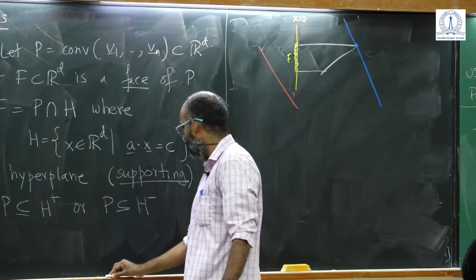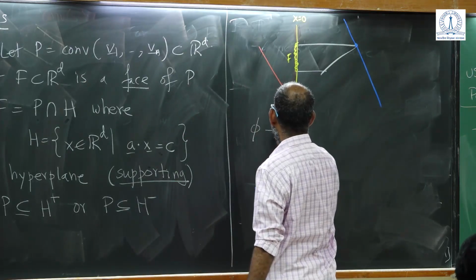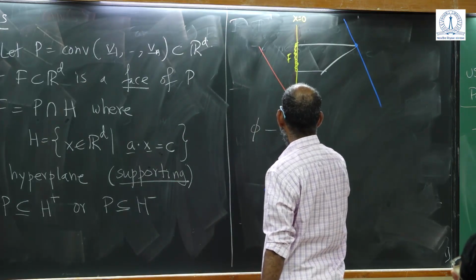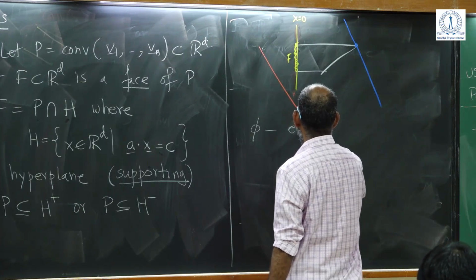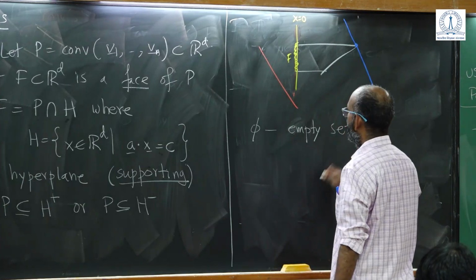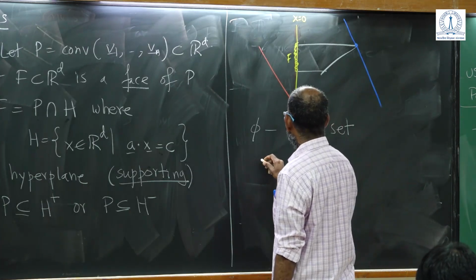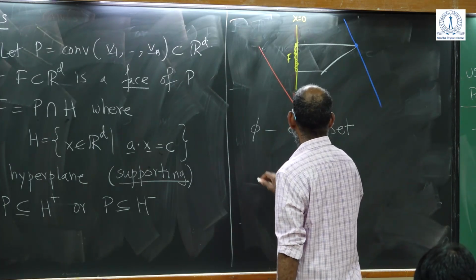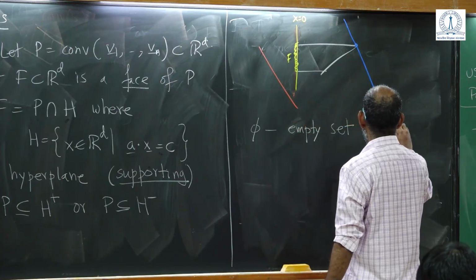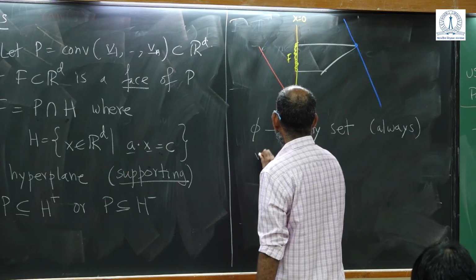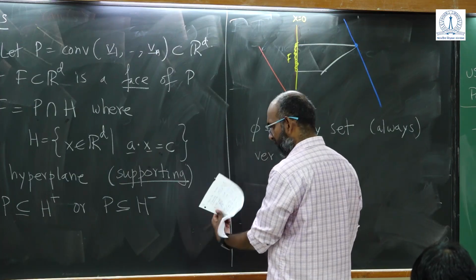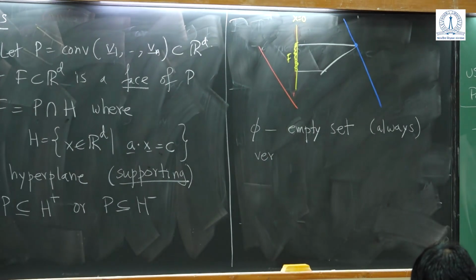So the empty set is always a face. In this example, we get vertices.